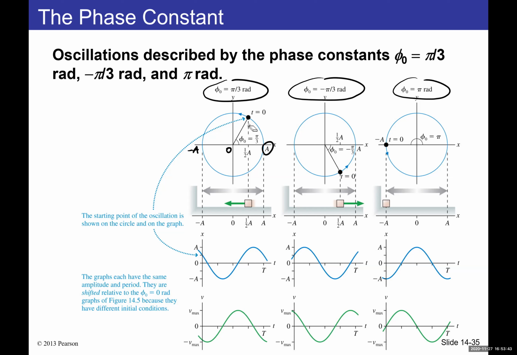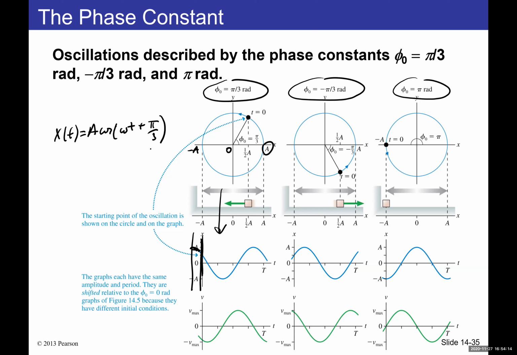And for this particular graph, let's say this would have been my A starting from here, but now there's a shift like this, a pi over 3 shift, where this is my t equals 0 line right now. That means now when I do x comma t, this will be A cosine omega t plus pi over 3.